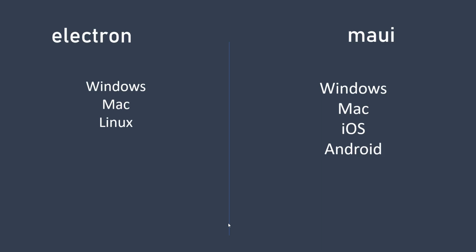And Slack is written in Electron too. These applications can run on Windows, Mac, and Linux. Electron works on all three. And .NET MAUI, the later technology that was just recently introduced, with it you can create apps that run on Windows, on Mac, iOS, and Android. So it's got four platforms.